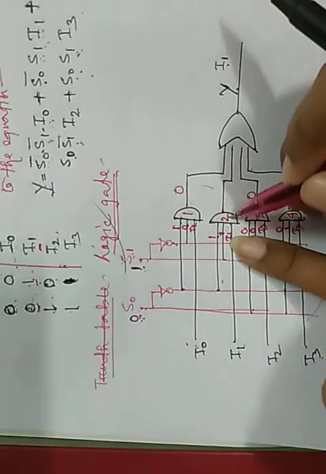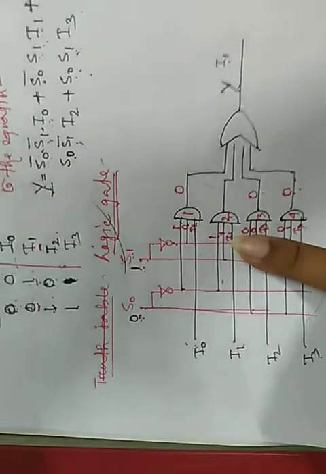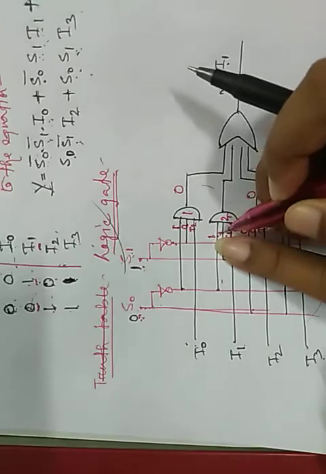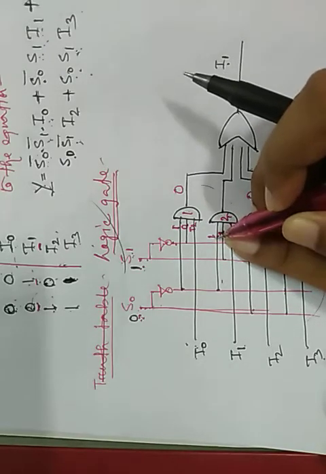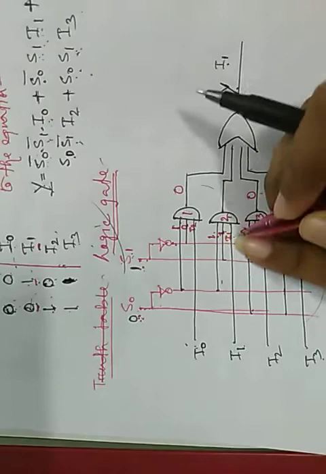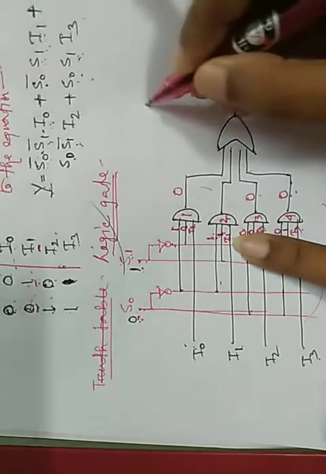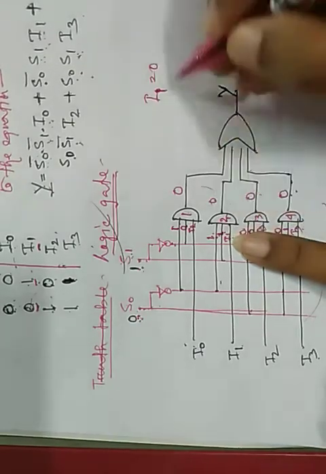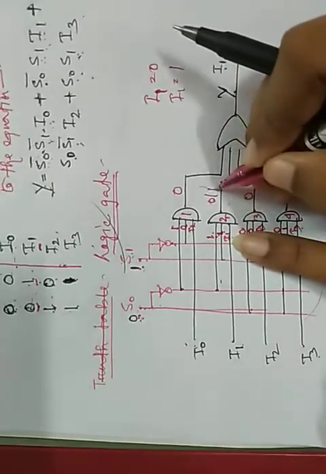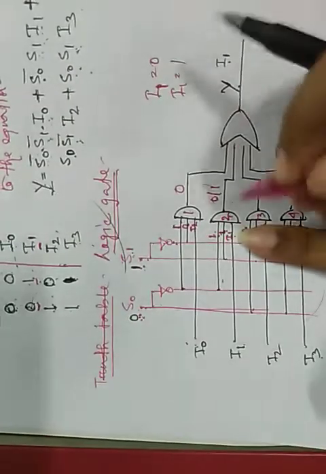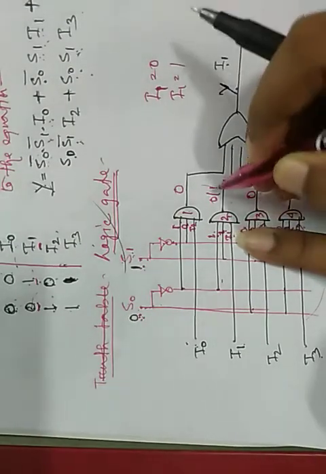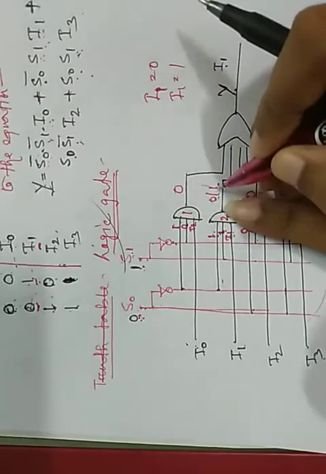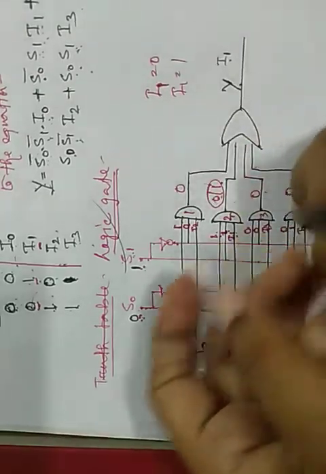And what will be the value of the second AND gate? In the second AND gate, we can see that these two input lines are 1 already. That means S0 and S1 are 1. And I1: whenever I1 is 0, we get 0 here, and whenever I1 is 1, we get 1 here. That means whatever the I1 value is, we get that value in the output of the AND gate.